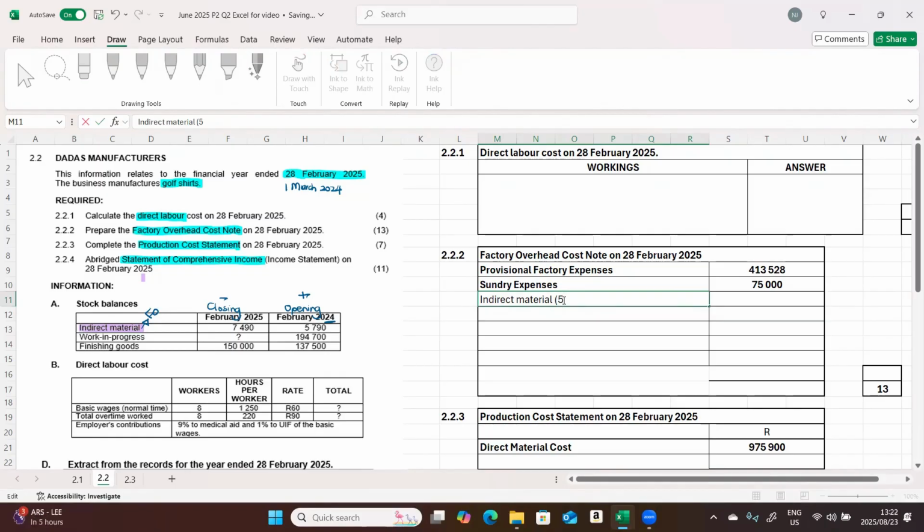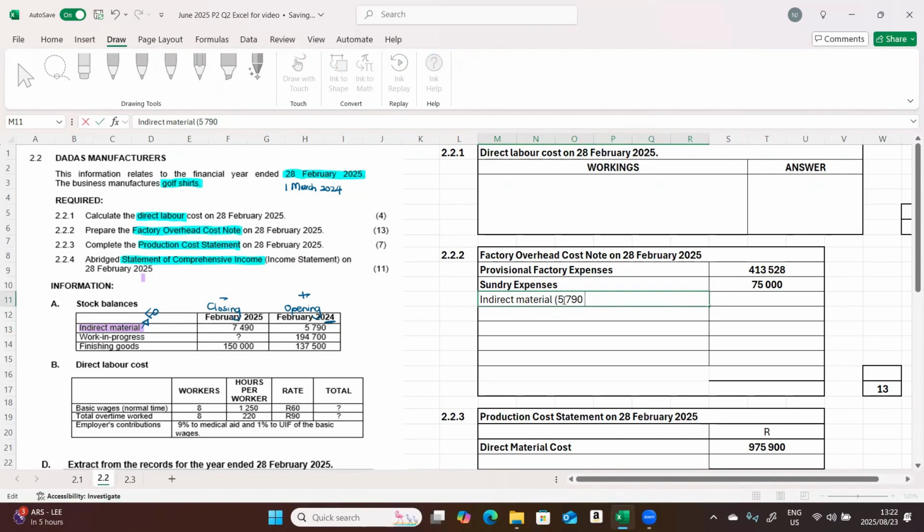So you're going to take your 5,790, guys. To that, with your indirect material, you add your opening balance, and you also subtract your closing balance. But we also have to add the actual indirect materials that we purchased during the year.